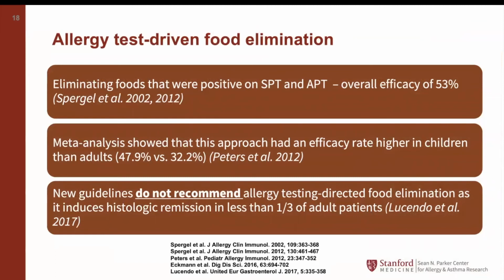And then we saw that some additional studies looking back at these methods found that it wasn't the most efficacious. And so we have new guidelines now that really don't recommend specific food allergy directed food elimination. And we find that this induces histologic remission in less than a third of adult patients.